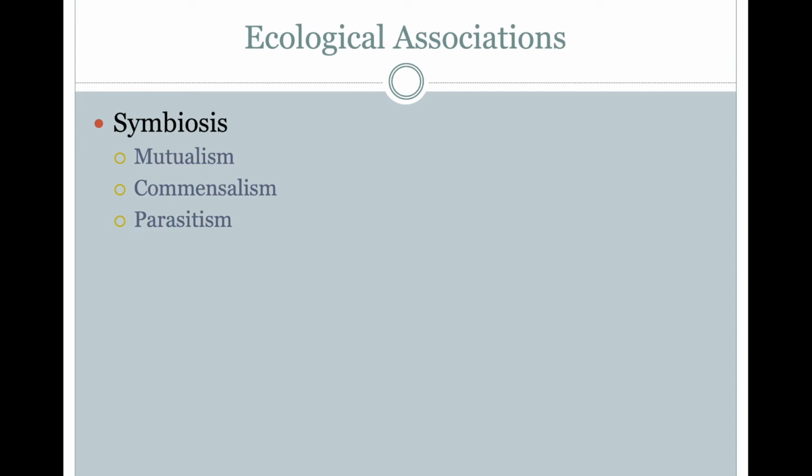For mutualism, we call these a plus plus. So these are those beneficial relationships where one will benefit and the other will benefit. So both organisms benefit in this relationship. A great example of this in microbiology is everything we've been talking about for the first few weeks of the semester, the beneficial flora, normal flora.